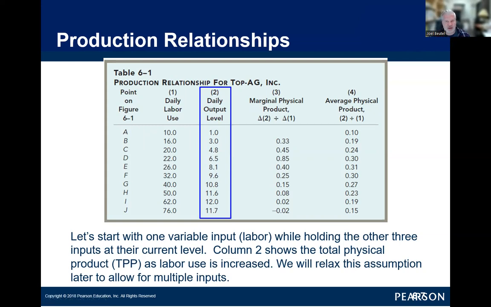It's how many workers we have, right? So we're going to, once again, change this worker output, and we're going to see different levels of output that we can achieve in product, right? So column 2 is just, per the number of workers in column 1, how much output we get of whatever product we're growing, right?